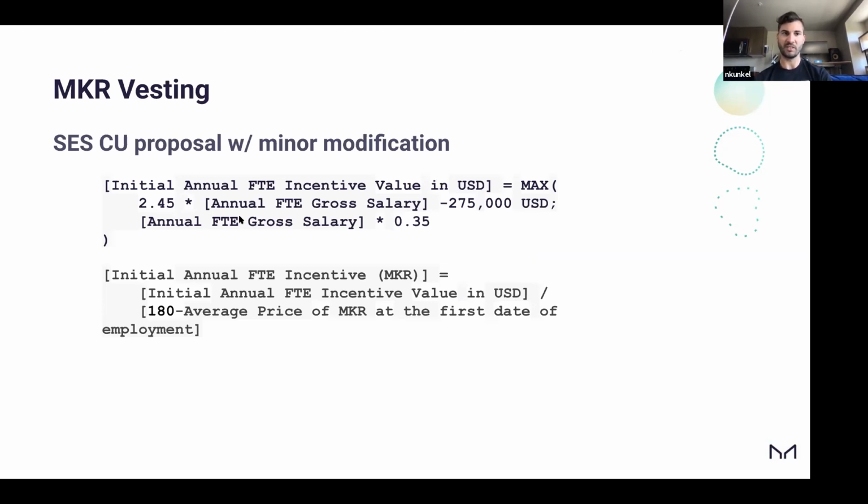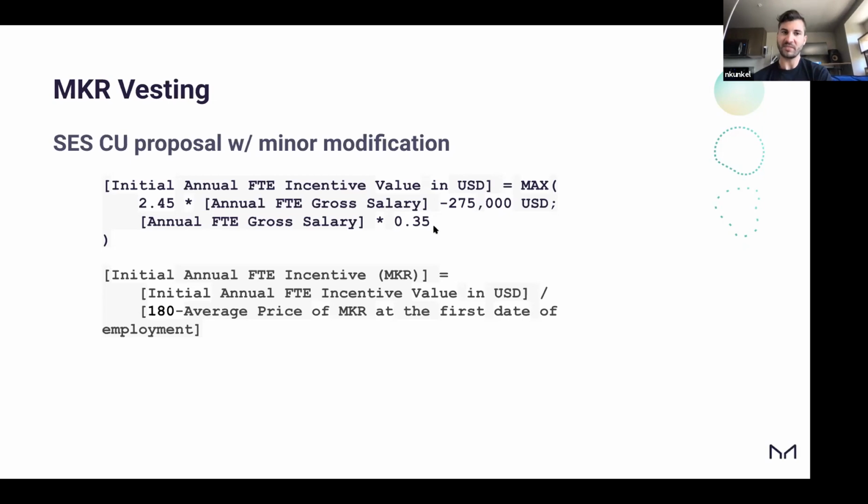So it's basically the maximum of this 2.45 weighting, and this was one of the modifications we made. We raised this. Oh, sorry, actually, that's not one of the modifications we made. This is the same weighting as SES, multiplied by the gross salary of the individual minus 275,000, and comparing that number with this weight down here, 0.35.